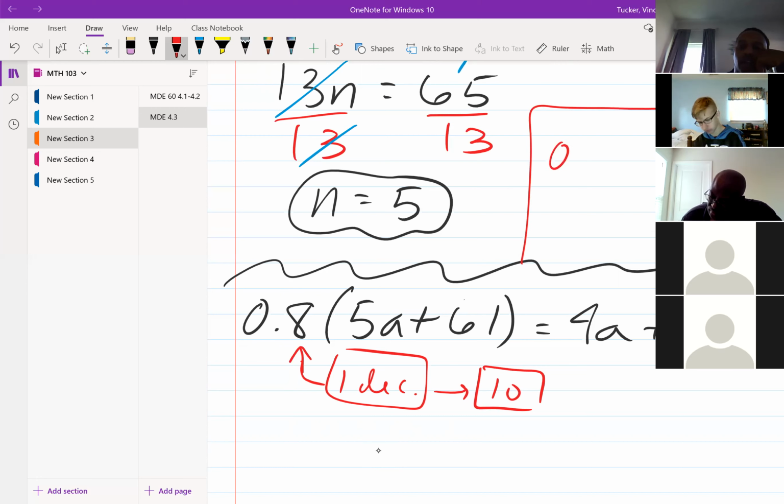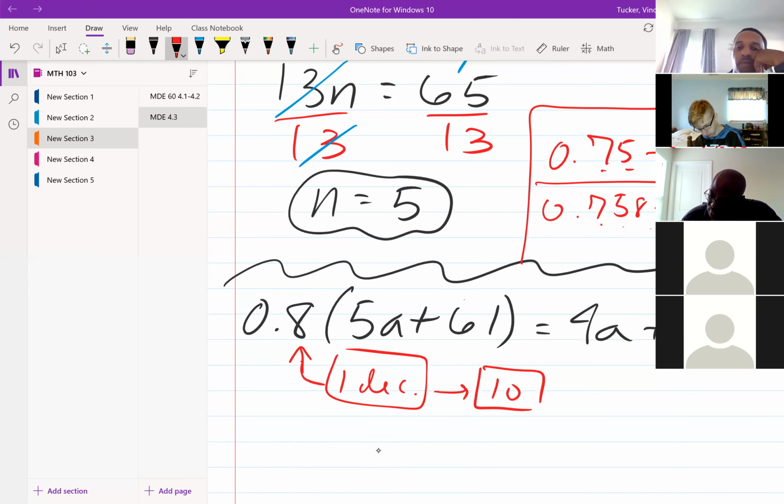If I had 0.75 and I wanted to get rid of the decimal, I would multiply by 100 because of two decimal places. If I had 0.758, then I will multiply by 1,000 because I have three decimal places, and so on. It just depends on how many decimal places you're trying to get rid of. That's how many zeros you would put behind your 1.